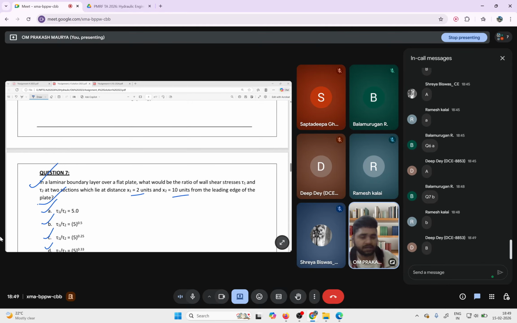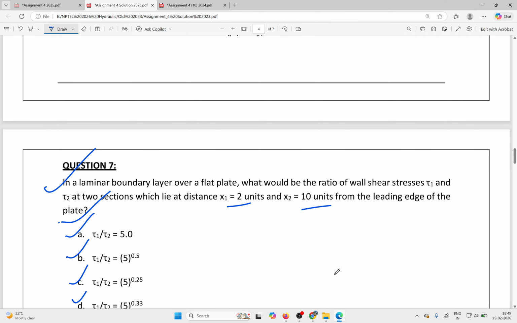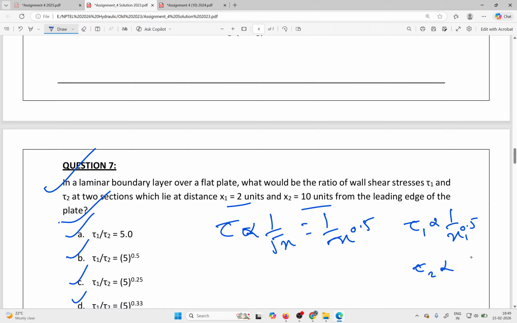Okay, for other students, let me just solve. So here you know already tau is directly proportional to 1 by root x, means 1 by x to the power 0.5. If tau 1, then x1 to the power 0.5. If tau 2, x2 to the power 0.5.